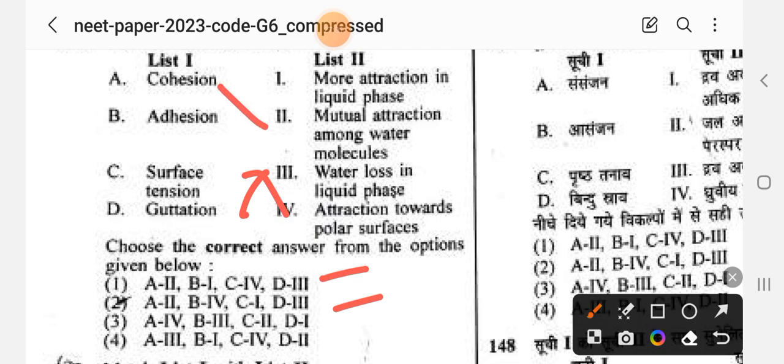Cohesion is B second होगा, more attraction to liquid phase, surface tension, so A would be second, तो ये भी दो है. So the answer would be A. Surface tension would be more attraction in liquid phase, and adhesion would be attraction towards polar surfaces.